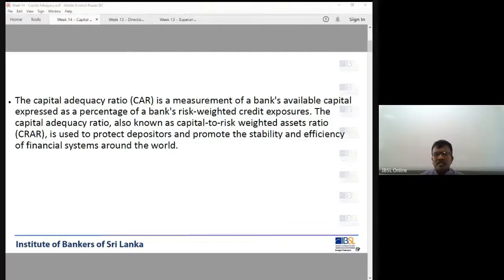Now, which one is risky out of these three loans? Customer C's loan is risky. Explain to me why.